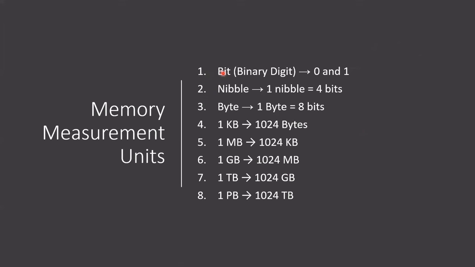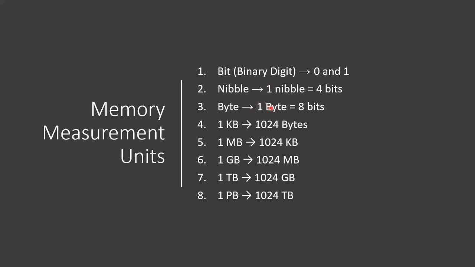First we have the bit, the smallest unit. We call it a binary digit. It basically comes as zeros and ones. In electronics, 0 means passive and 1 means active. The other one is the nibble. 4 bits are equal to 1 nibble. It's a group of bits, so if you take 4 bits together, it becomes 1 nibble.